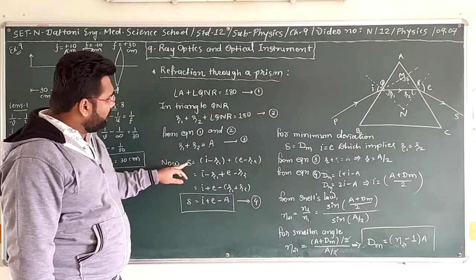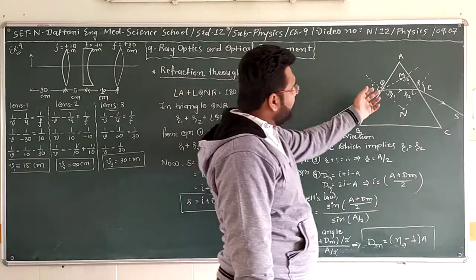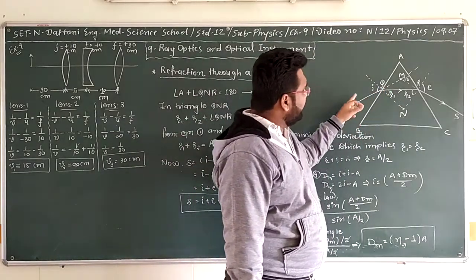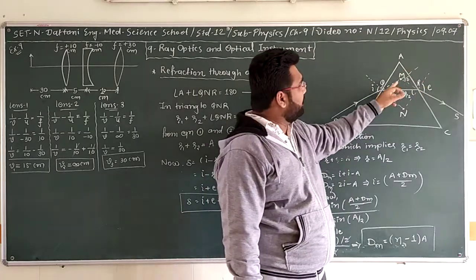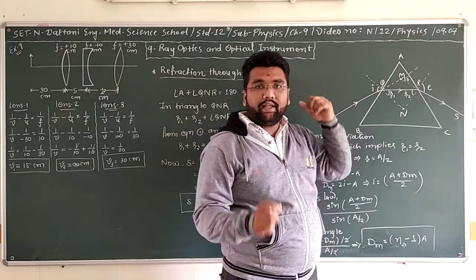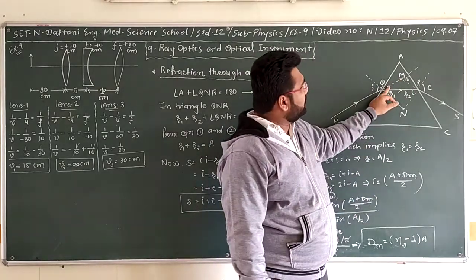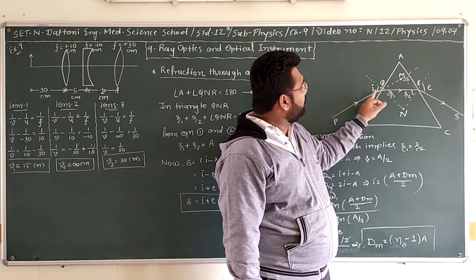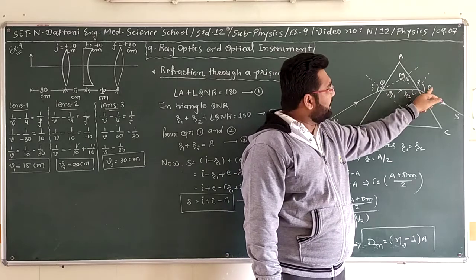Now we will go forward to the total value of the deviation delta. This is the value of delta. It is the exterior angle of triangle MQR. So the value of the exterior angle is equal to the summation of the interior angles. The first interior angle is I minus R1, and here is E minus R2.